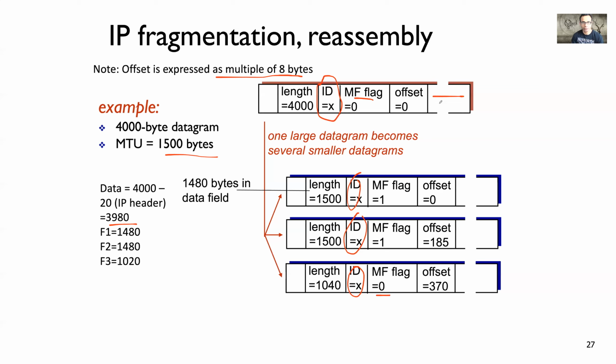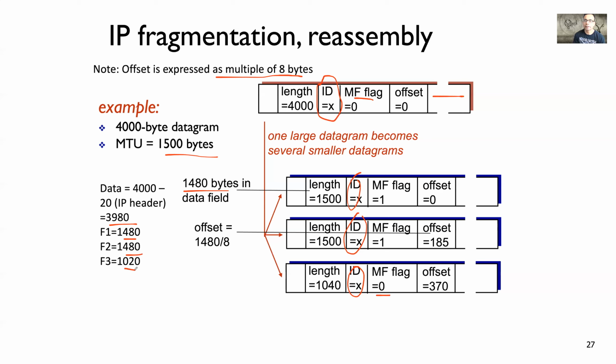Now we know that these smaller fragments can be up to, and in fact the first two are, 1500 bytes. So they will actually contain 1480 bytes because 20 bytes again make up the headers. The first two fragments contain 1480 bytes, and the last fragment will contain whatever is left behind. So essentially add these two and subtract from that. That gives us 1020.